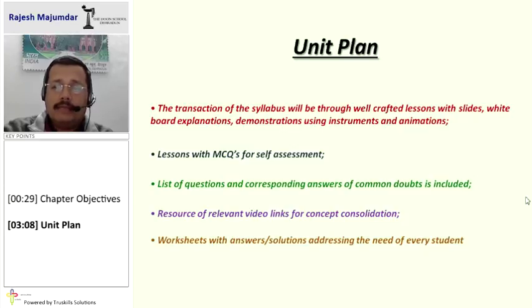And then there will be worksheets, graded worksheets, which will have maybe around 10 or 12 questions, properly graded. That means first few will be of easy level. Then as we go down that list of questions, the difficulty level will increase.